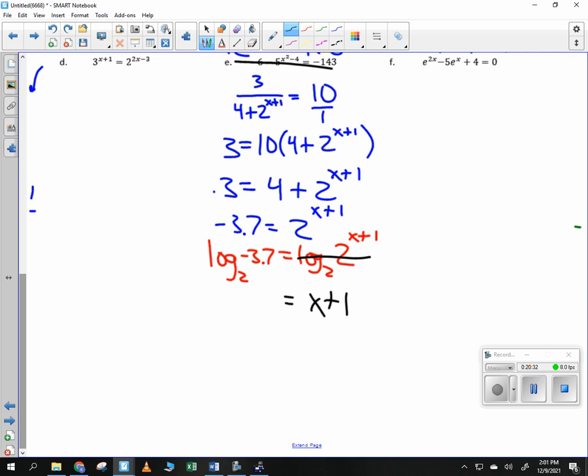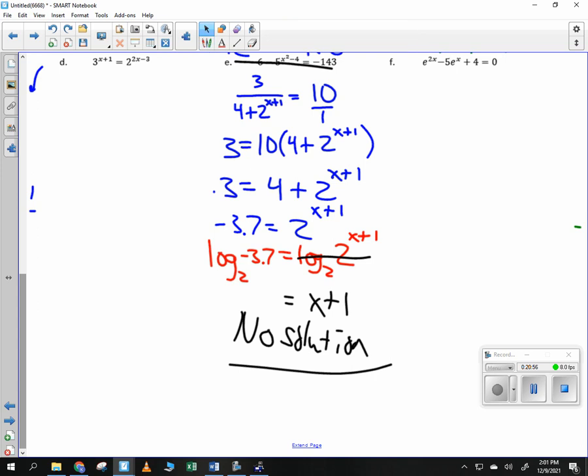And anybody calculate for me log base 2 of negative 3.7? Why? Can't take the log of a negative, can you? So, in that situation, there's no solution.